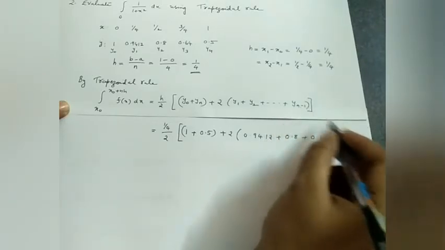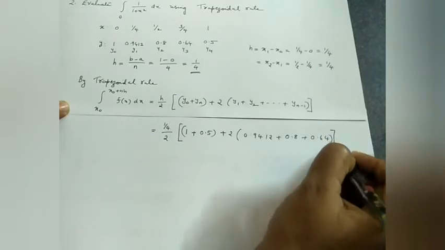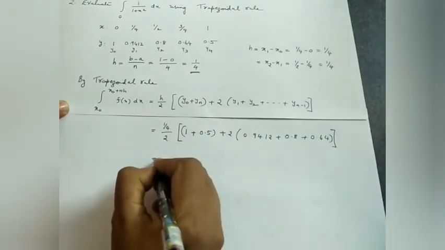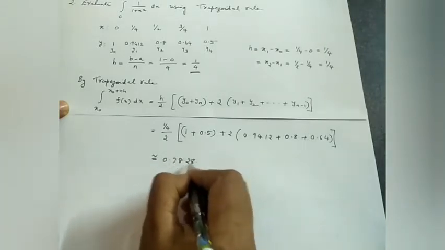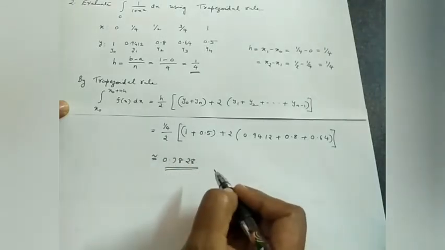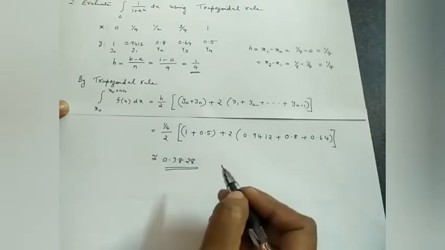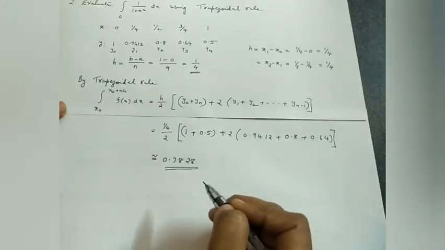Here yn minus 1 is y3. Now, after calculation by using a calculator, we get the value approximately, to 4 decimal places, as 0.7828.